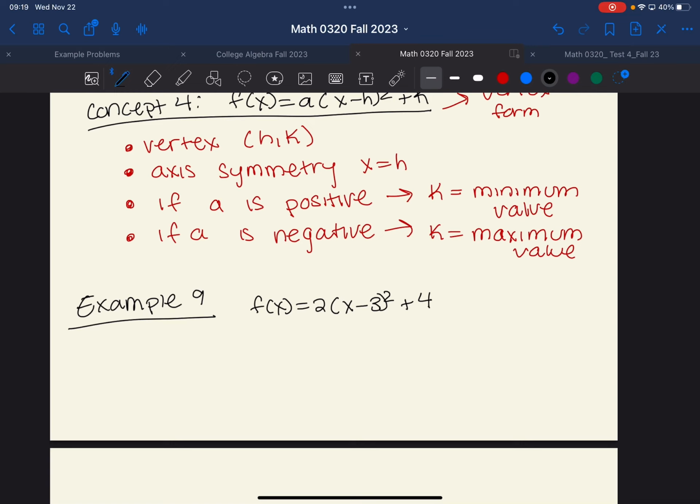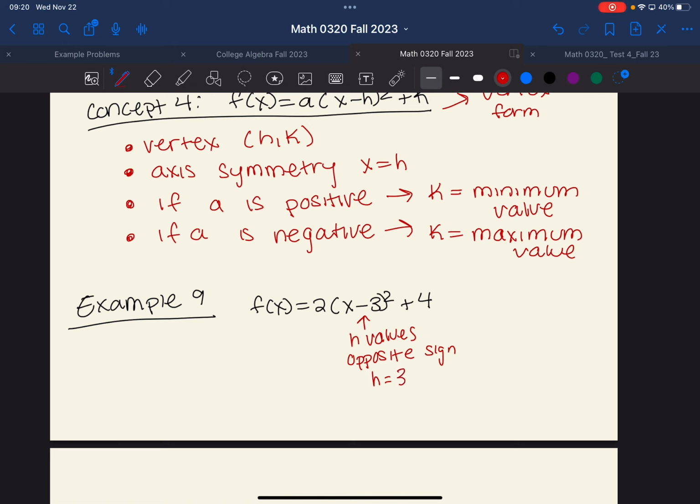And then from here, before we answer any of the questions, we're going to determine what this is going to do to our problem. So remember that our h value is the opposite sign. So even though this says -3, our h value is actually +3.